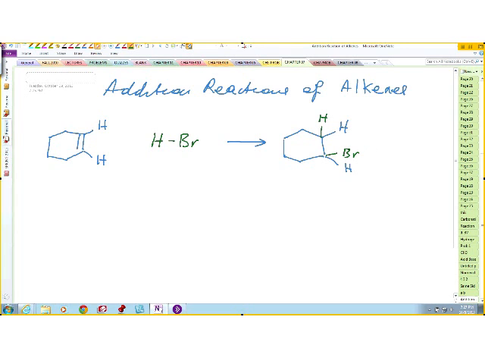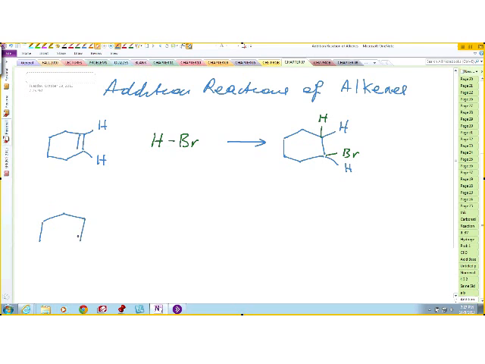Well, in this particular instance, yes. In the addition reaction, if I ask what type of reaction this is, this is an addition reaction. You're adding hydrogen bromide to this carbon-carbon double bond. Now, let us add a little bit of complexity to this.